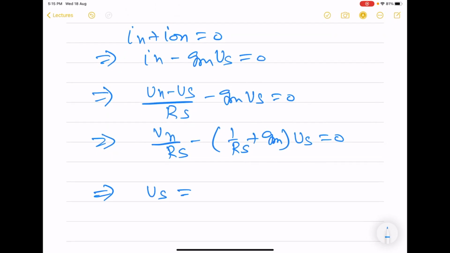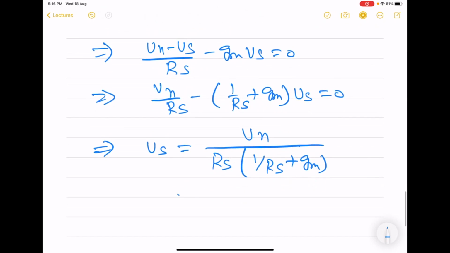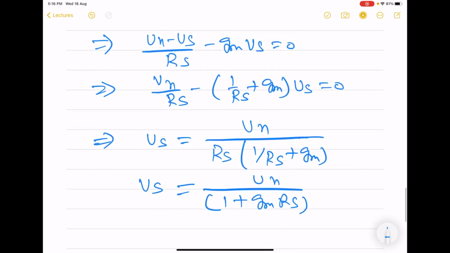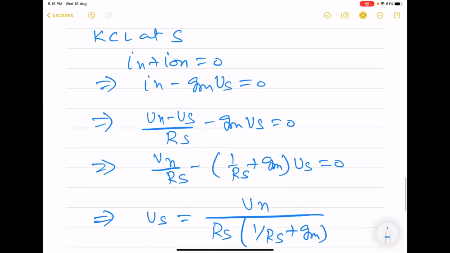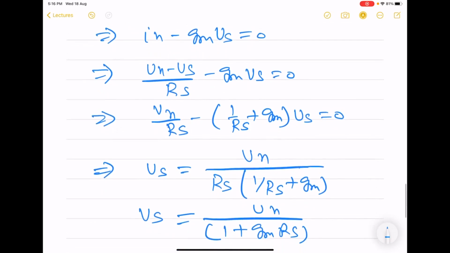So this gives rise to Vs is equal to Vn by Rs into 1 by (1 by Rs plus gm), or this gets simplified to Vn by (1 plus gm Rs). So this is one way in which we can find out Vs by setting up the KCL equation at source.